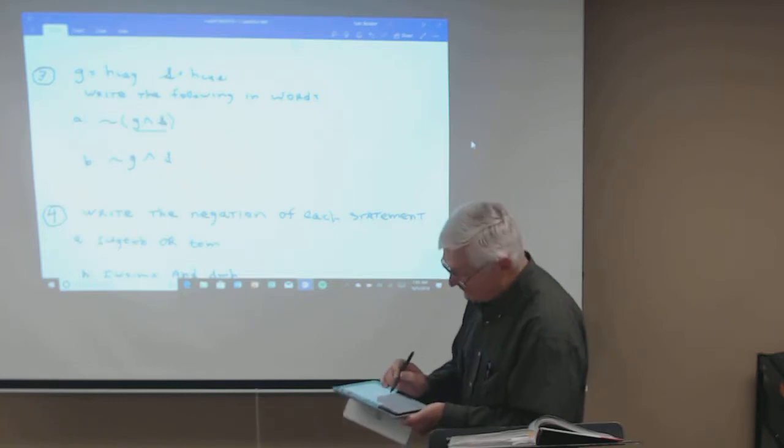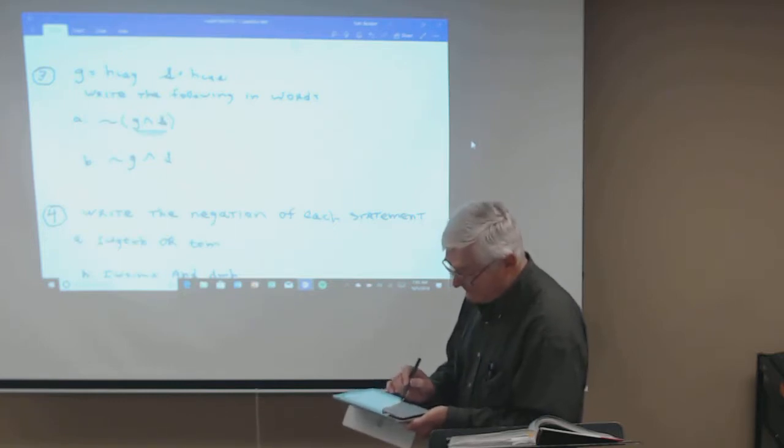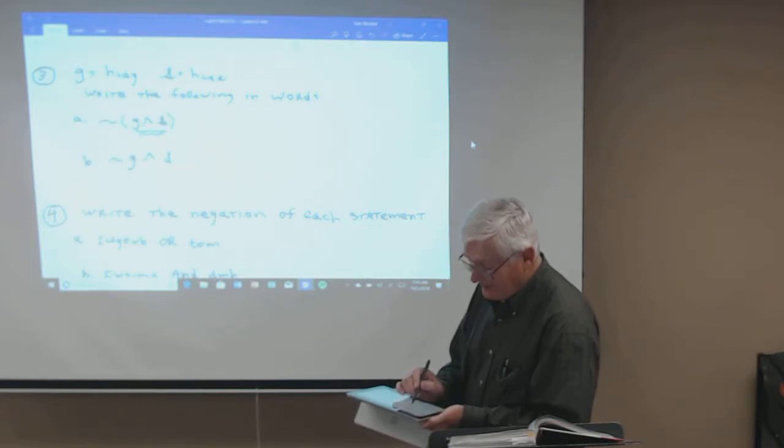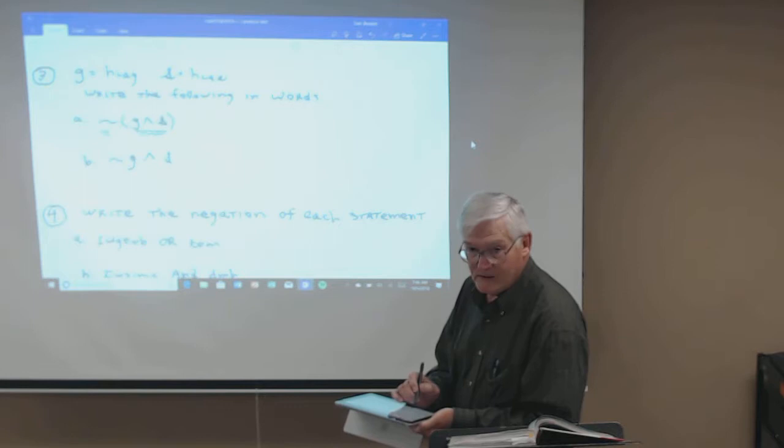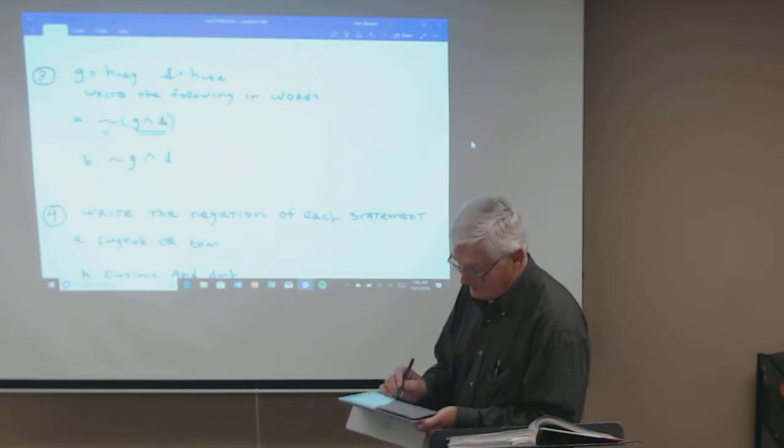Can you read what I just underlined there? He is a gentleman and he is a scholar. That says he's a gentleman and he's a scholar. What happens when you put this in front of it? Negates it.